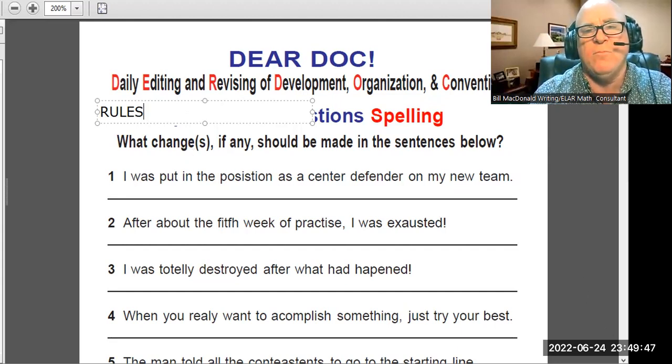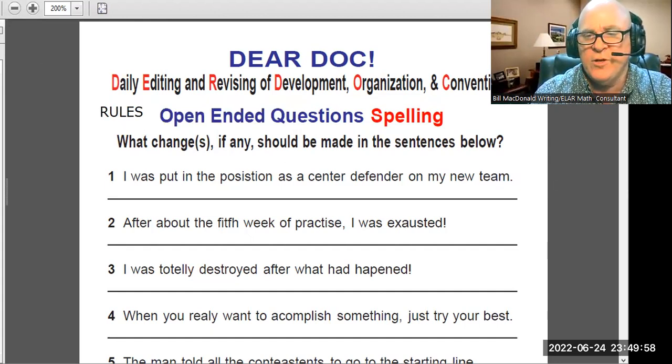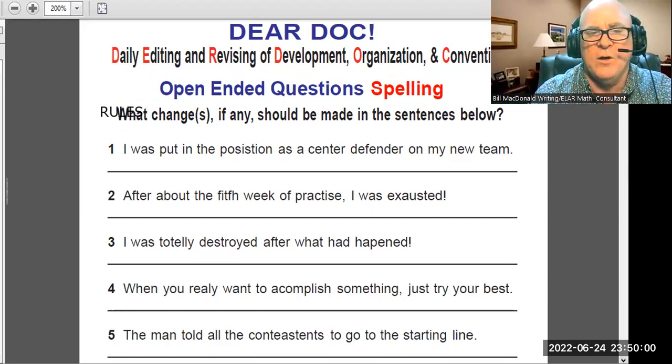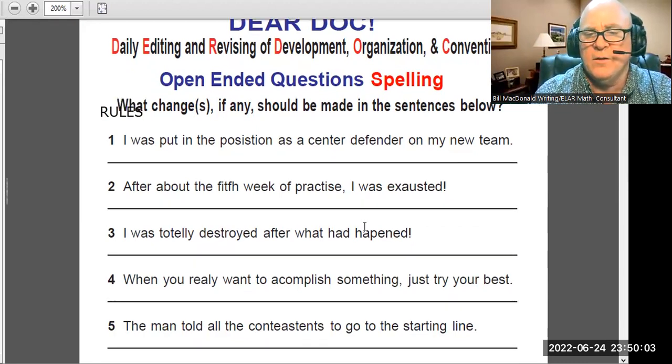Before I do that, I have to make sure that you can see 1 through 5, because once I move, I don't want to have to erase. I want you to be able to see all 5. I want to make sure I can leave all 5 sentences visible to you.